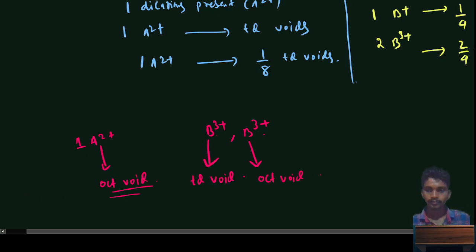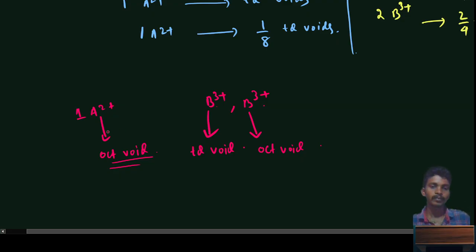Because if one is occupied in the octahedral sites, octahedral sites have more space, because octahedral sites are greater than tetrahedral sites. After occupying one octahedral site, space is still there, so another will go to the octahedral sites, but one remains, and that will go to the tetrahedral sites.